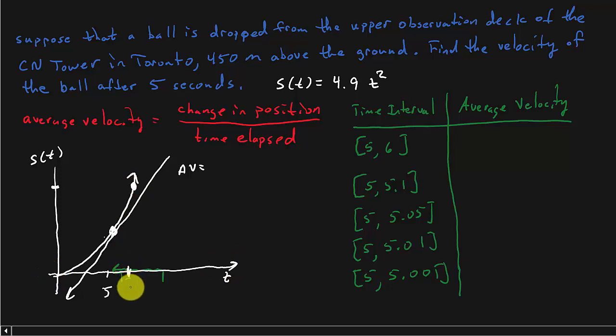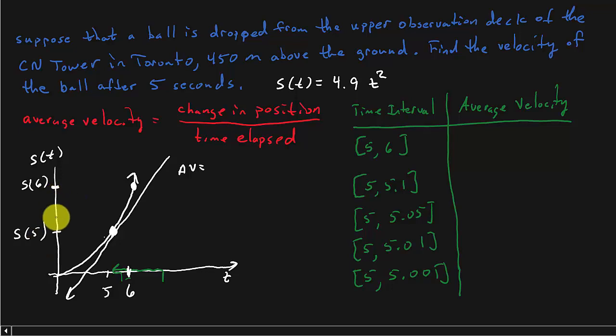Let's say that's 6. Okay. So the change in the y value from this point to this point. So this y value here is what? S of 6. And this y value here is S of 5.